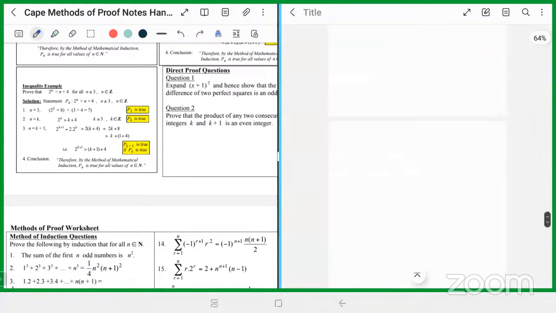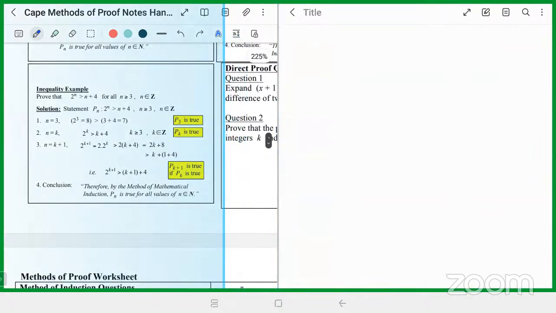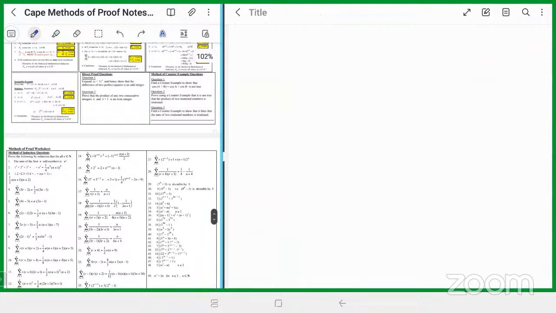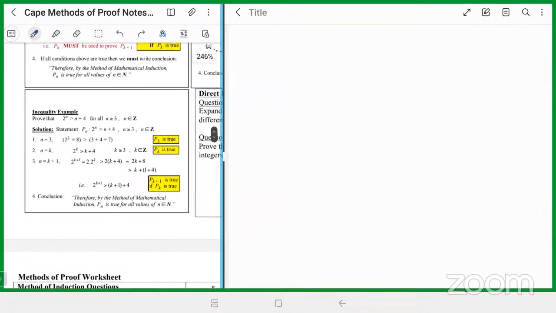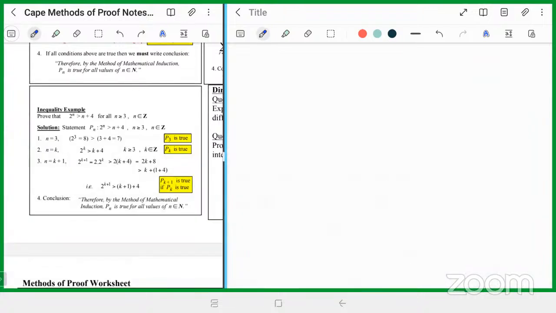All right. So I'm explaining this solution here now. Walk you through it. So this was to prove that 2 to the n is greater than n plus 4 for n greater than or equal to 3. n is an integer.